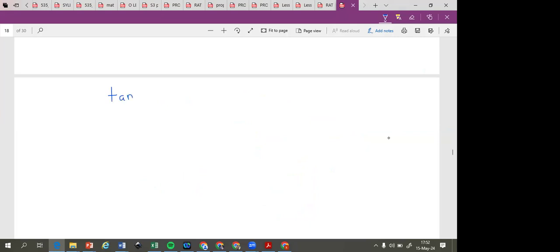Prove that tan 2A is the same as 2 tan A out of 1 minus tan squared A. So someone was asking for the hard one. This one may not be so hard, but it can be doable.